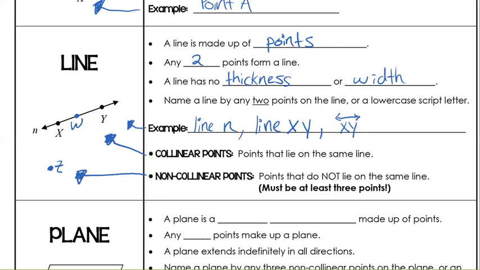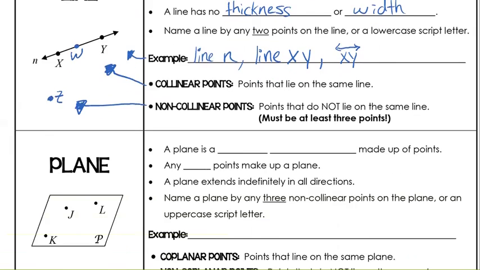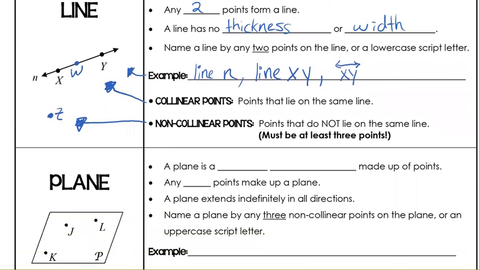All right, so now plane. You guys remember what a plane was? It's not an aeroplane. A plane is a flat surface made up of points. Any 3 points make up a plane. The best example that I could give you is a piece of paper.